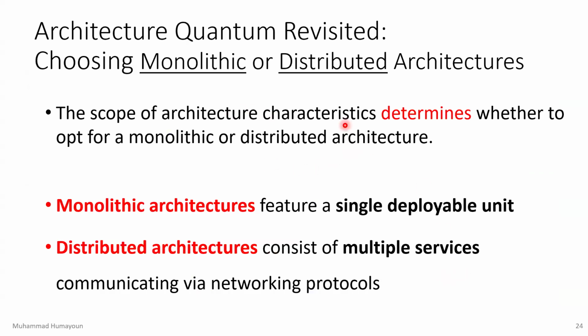So the scope of architectural characteristics determines whether to opt for monolithic or distributed architecture. It is the architectural characteristics that will dictate whether you should go for monolithic or distributed architectures. And we will see more about these things in the coming lectures.